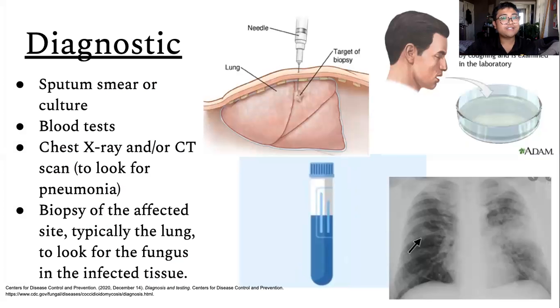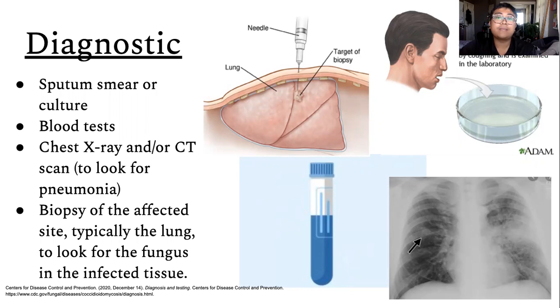So moving on to diagnostics. To diagnose valley fever, your doctor will review your medical history along with your signs and symptoms of valley fever. But the doctors can order 1 or more tests, which include your sputum smear or culture. So basically what they will do is have the patient cough up a sputum and they would culture that to see if there are any coccidioides organisms.